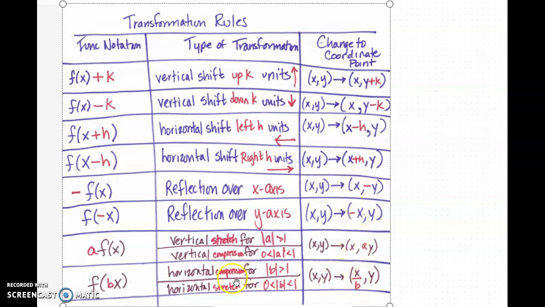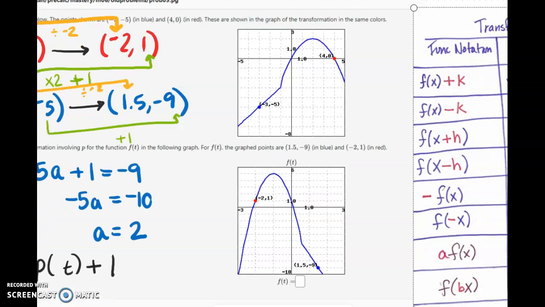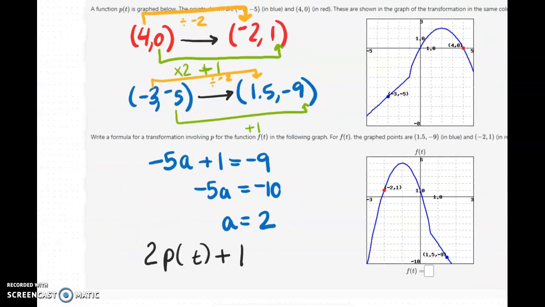It's this one, a horizontal compression, and this is our b. But there's also some reflection over the y-axis, so there's going to be a negative b value. So in place here, I'm going to put -2.